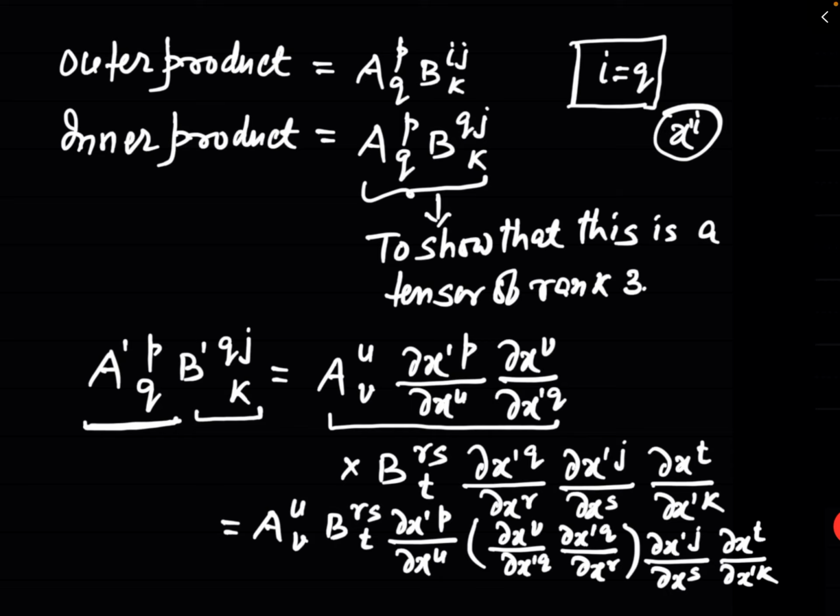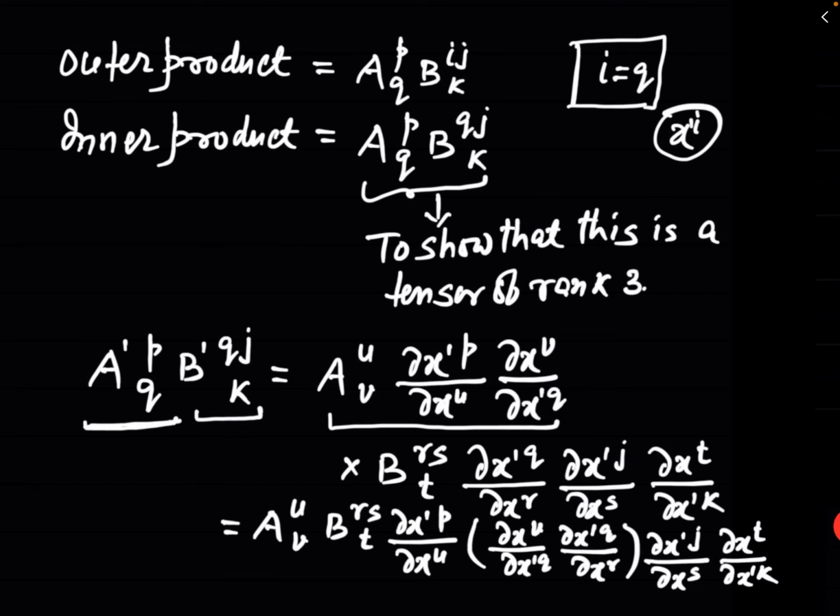Now, see here, this del x V by del x prime Q times del x prime Q by del XR, you can see this del x prime Q and del x prime Q will cancel out, and del x V by del x R will be simply equal to the Kronecker delta VR. But first of all, we will write it.